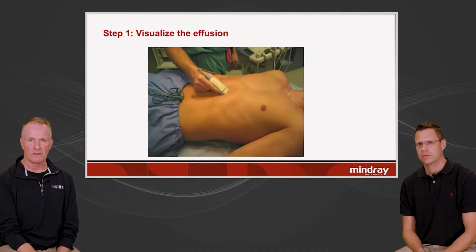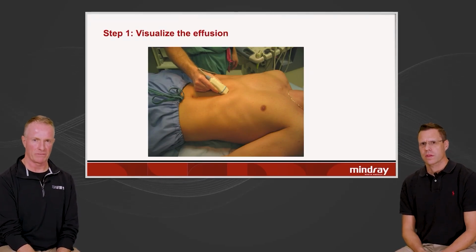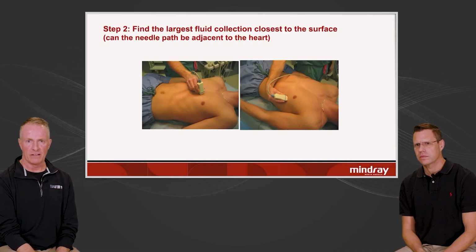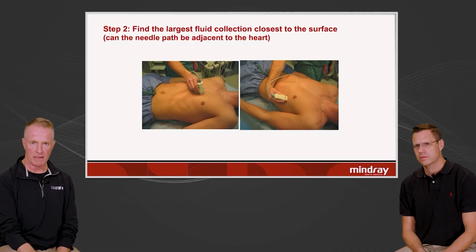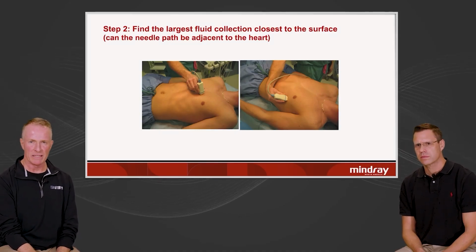Okay, so this is the best place to see a pericardial effusion from, but probably not to drain one. You can get at places on the left chest, whether it's the apical approach or more the peristernal. Probably somewhere in between would be the best approach.